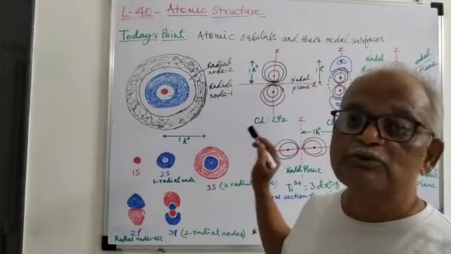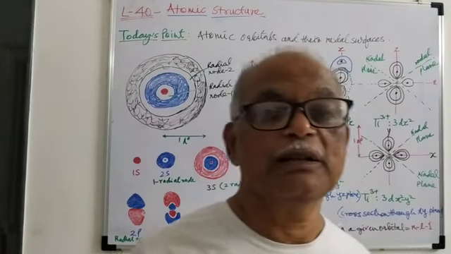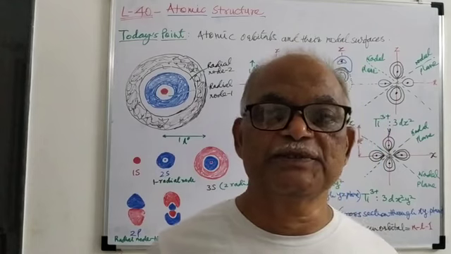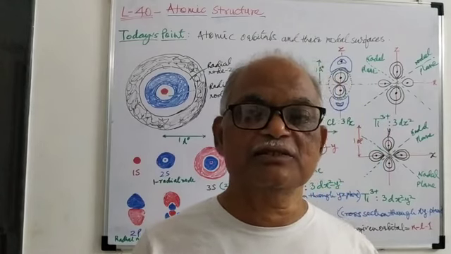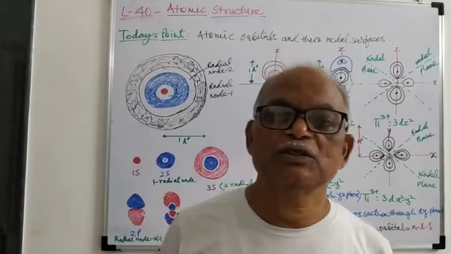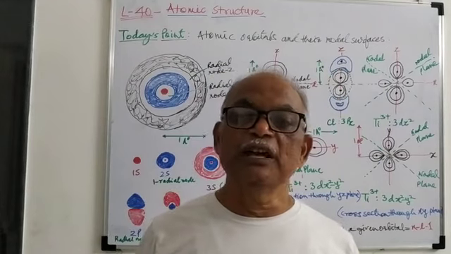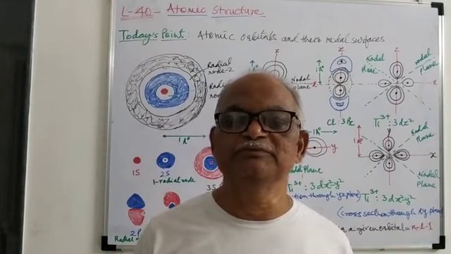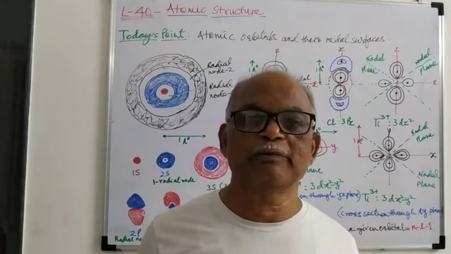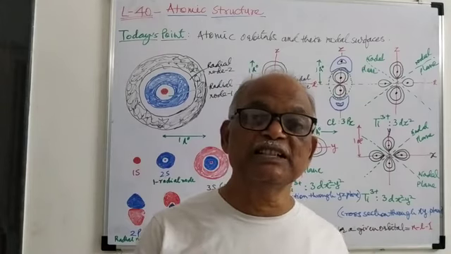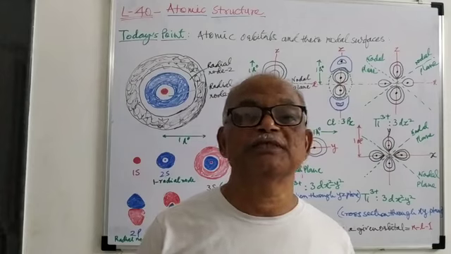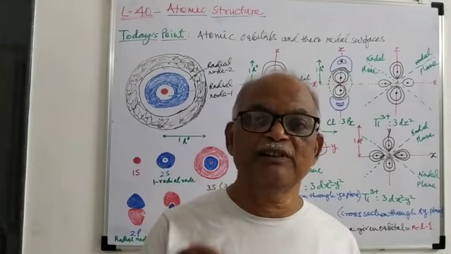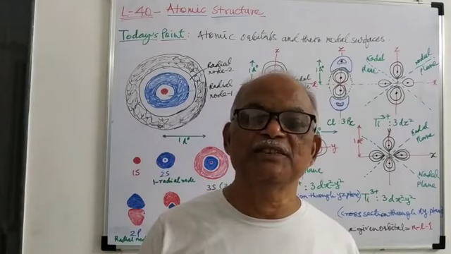Here we have to see the structure of atomic orbitals, and these structures show the electron densities: where the probability of finding the electron is maximum in a specific atomic orbital, and what regions in these orbitals show psi square value 0, meaning electron density is 0.